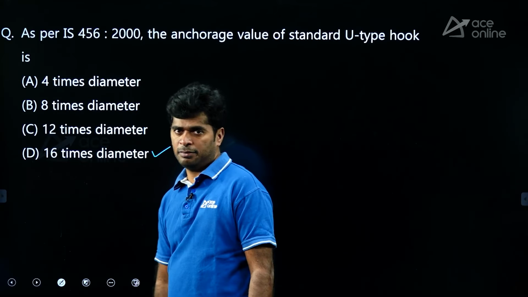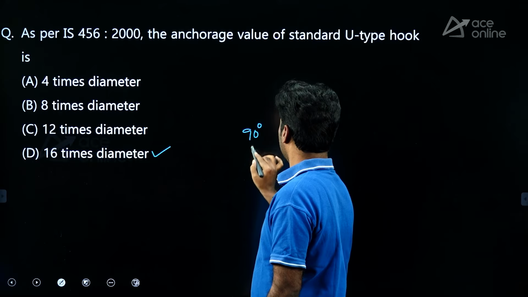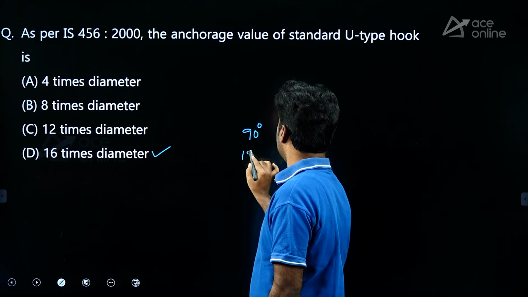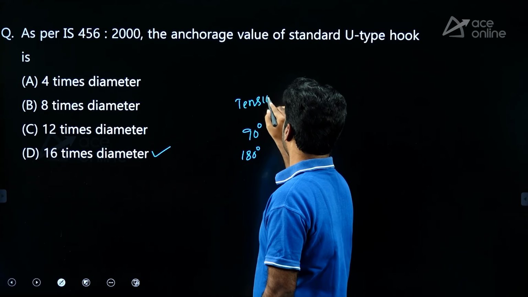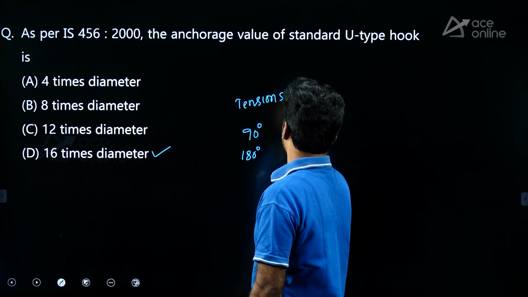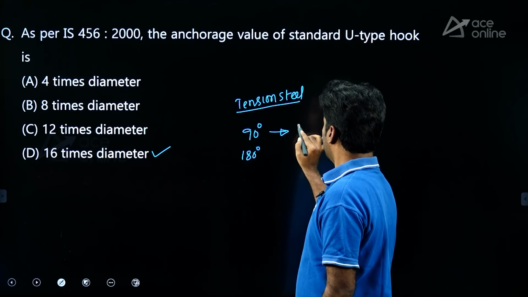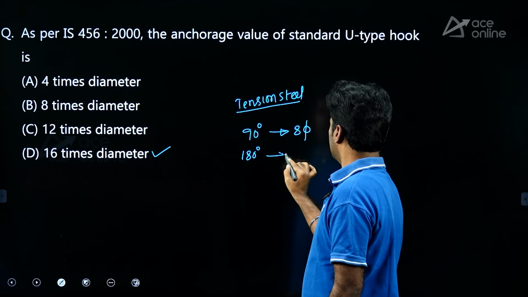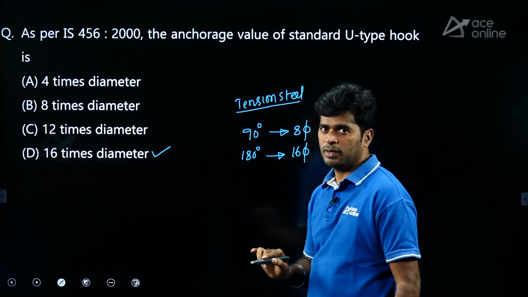Maybe they will ask these three: 90 degrees bend for tension steel and 180 degrees bend for tension steel. For 90 degrees bend, anchorage value will be 8 times diameter of the bar. For 180 degrees bend, anchorage value should be 16 times diameter of the bar.